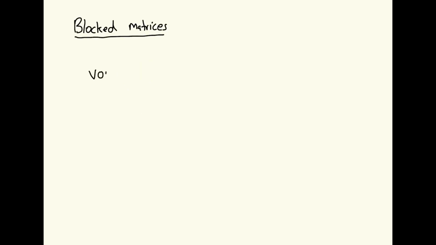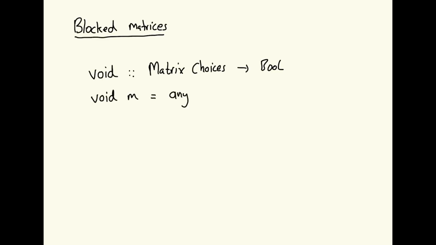How can we actually define what this means? Well, this is very simple. We can take a matrix of choices and return true or false depending on whether any of the cells in the grid are empty, so there's no choices left. This is a very easy function to define. We take our choice matrix M and we use the any higher order function. What any does is you give it a property like being an empty list, which is null in Haskell.